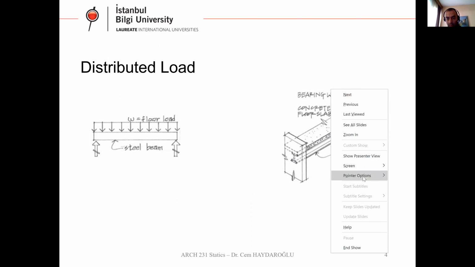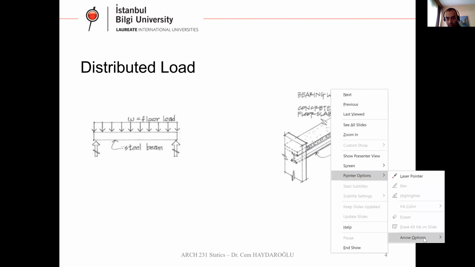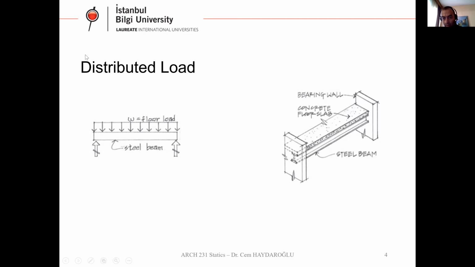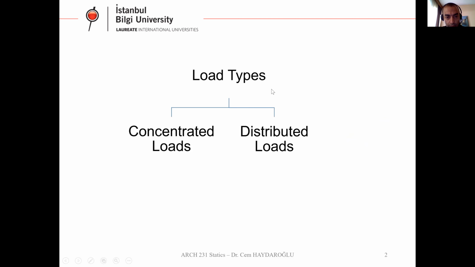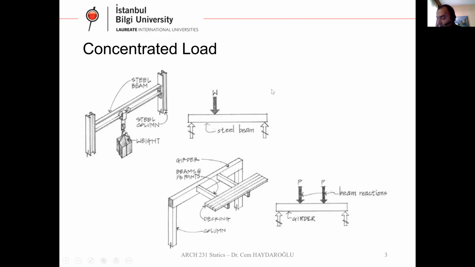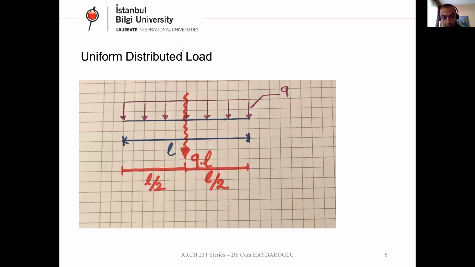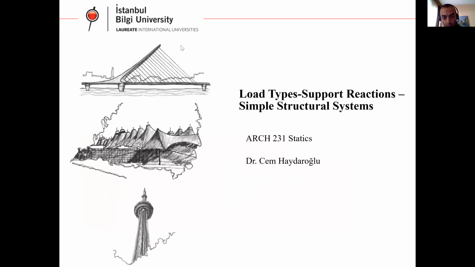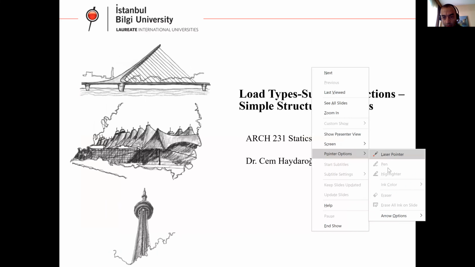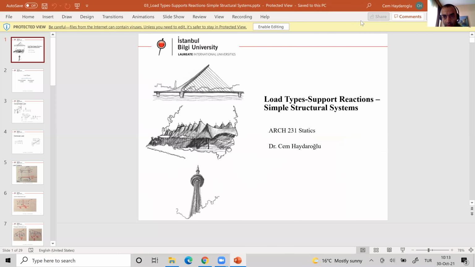Why do I have a problem writing on the screen? Just a second, I'm trying to understand. Pointer option.